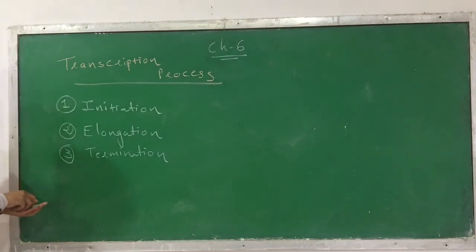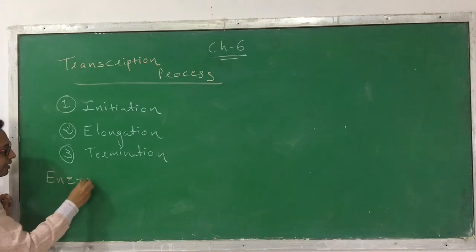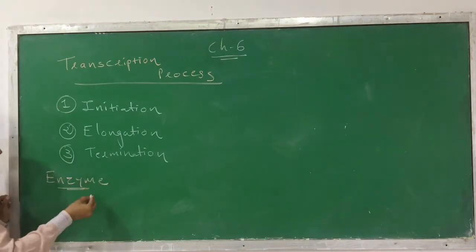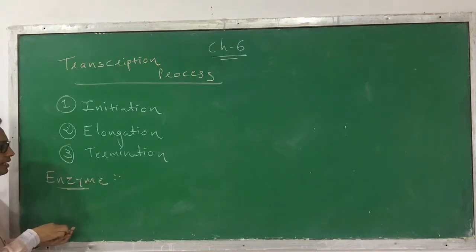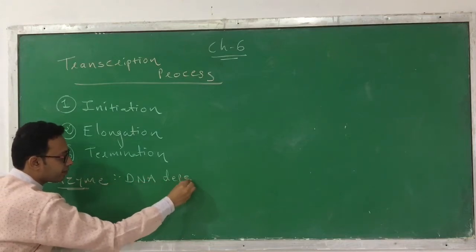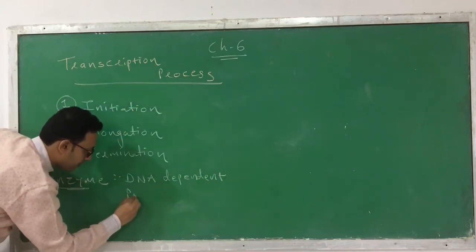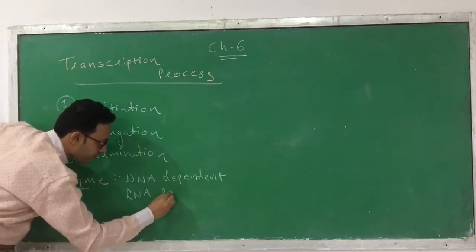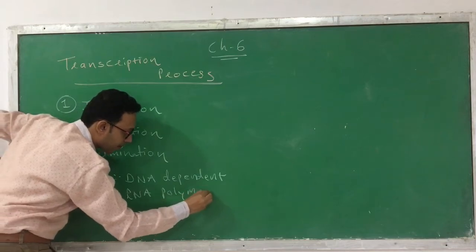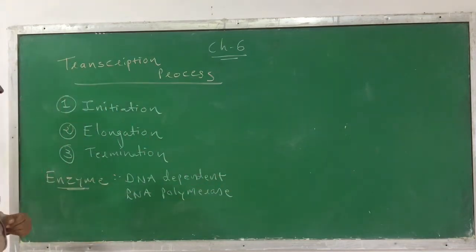It requires an enzyme. Which enzyme is required? The main important enzyme required is DNA dependent RNA polymerase. This is the enzyme required in the transcription process.